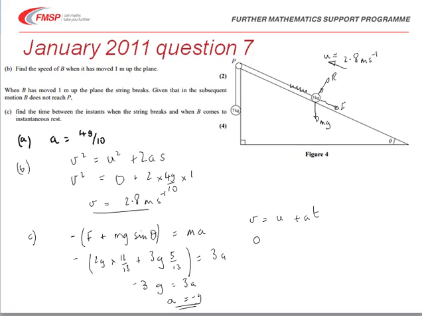We know that 0 is equal to u, which is 2.8, minus 9.8t, because the acceleration is negative g, and that turns out to give us t is equal to 2/7, if you work it out as a decimal, 2/7 of a second between the string breaking and the particle coming to rest.